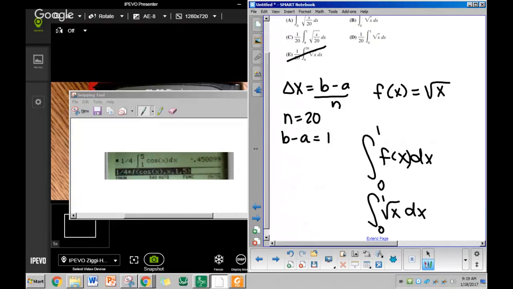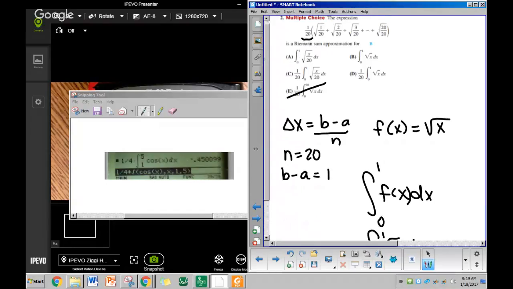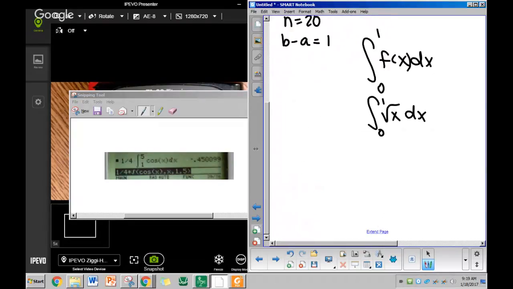Because what are we putting in here? This is delta x. And if you were to graph this function, whatever it looks like from 0 to 1, now there's my classic function. And I'm putting it in what kind of increments here? 1/20th, right? So there's 20 of them in here.